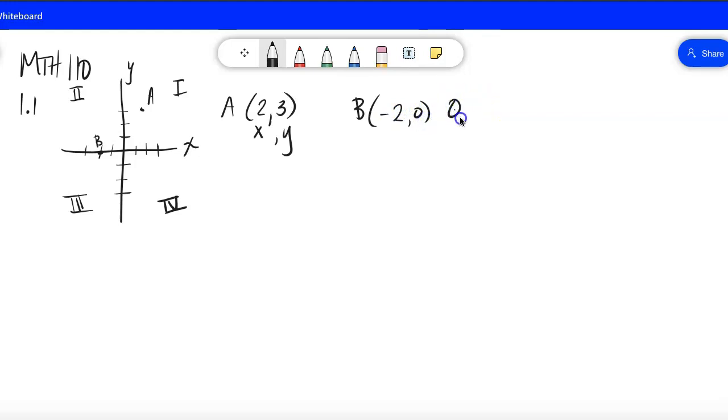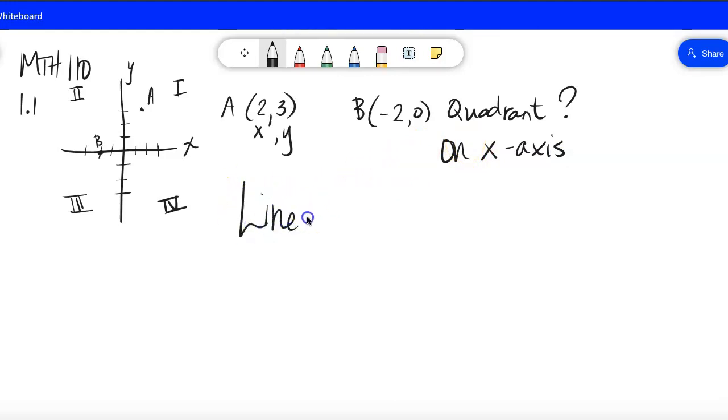And if I ask you what quadrant, it's actually not in a quadrant. It is on the x-axis. So we don't name a quadrant there. It can't be in two quadrants. It is actually on the axis.